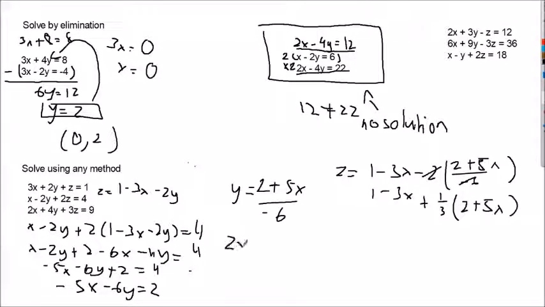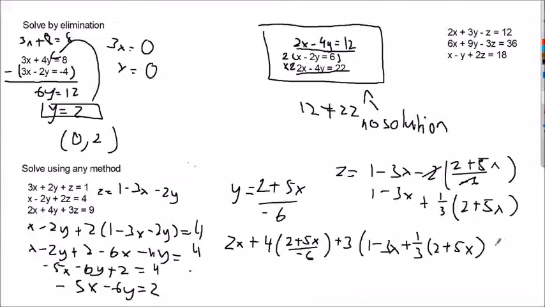We got 2x plus 4 times 2 plus 5x over negative 6 plus 3 times 1 minus 3x plus 1/3 times 2 plus 5x equals 9.